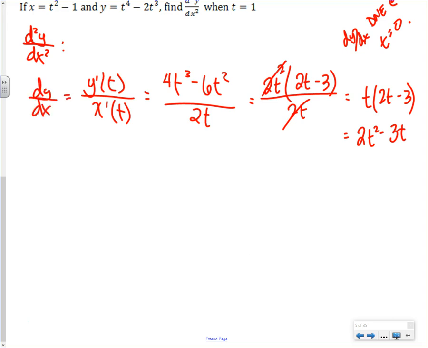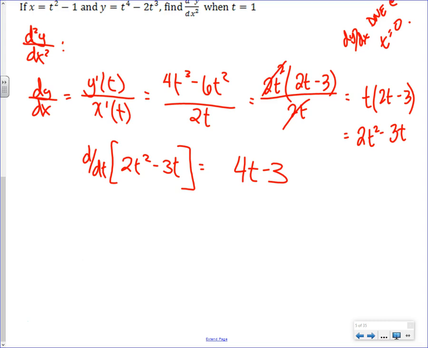But otherwise, all we need to do is now we have the dy dx. Noah said take a derivative. Do you guys agree? Okay, so we're going to do d dt of 2t squared minus 3t, which is going to end up being 4t minus 3. Over. Because right now, all that we've done is we've taken d dt of dy dx.